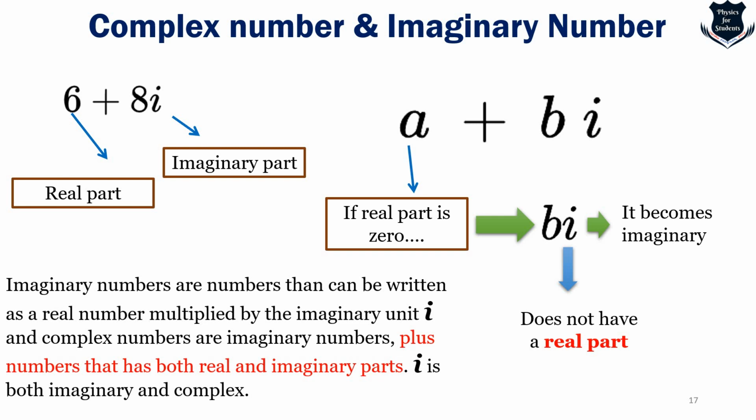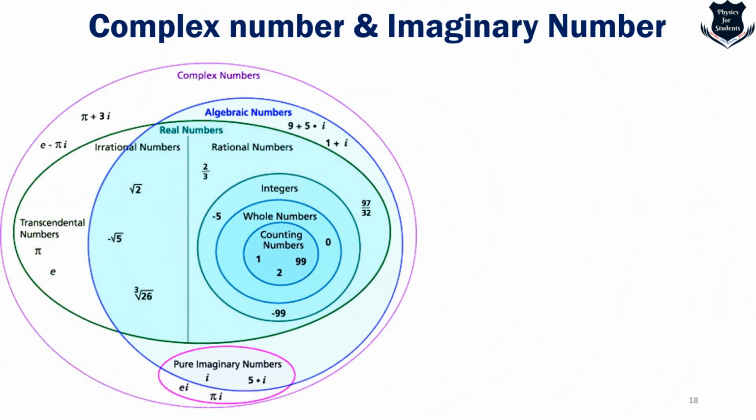So imaginary numbers are numbers that can be written as a real number multiplied by the imaginary unit i, and complex numbers are imaginary numbers plus numbers that have both real and imaginary parts. i is both imaginary and complex, the iota sign. Here is a graphical depiction of how the entire number family resides. We start with the counting numbers 1, 2, 3, 4.